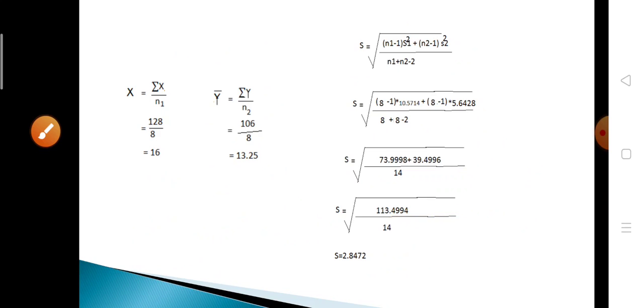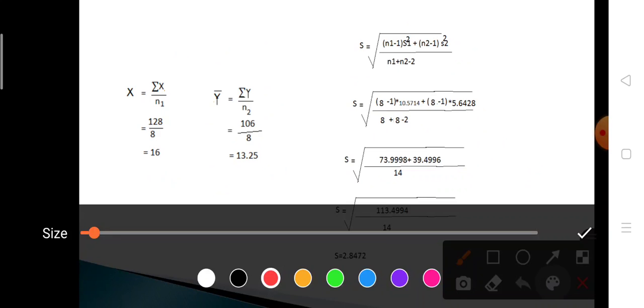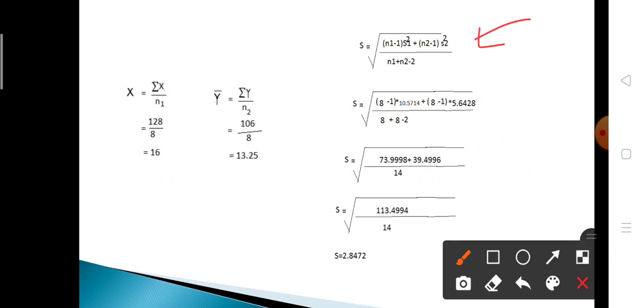Now calculate the value of S. So what is the formula for calculating S? N1 minus 1 into S1 square plus N2 minus 1 into S2 square, whole divided by N1 plus N2 minus 2. Now just plug in the values of N1, N2, S1 square and S2 square.